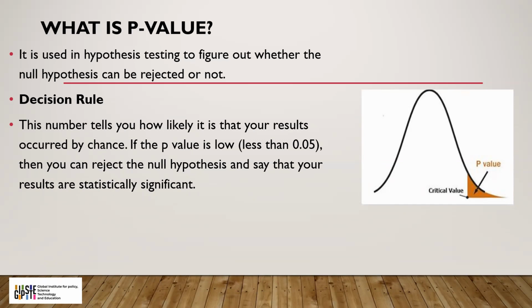In this case, you say that there is enough evidence to reject the null hypothesis and accept the alternate hypothesis. Then you restate the hypothesis the way that you frame it in your dissertation or in your thesis. It's very important.